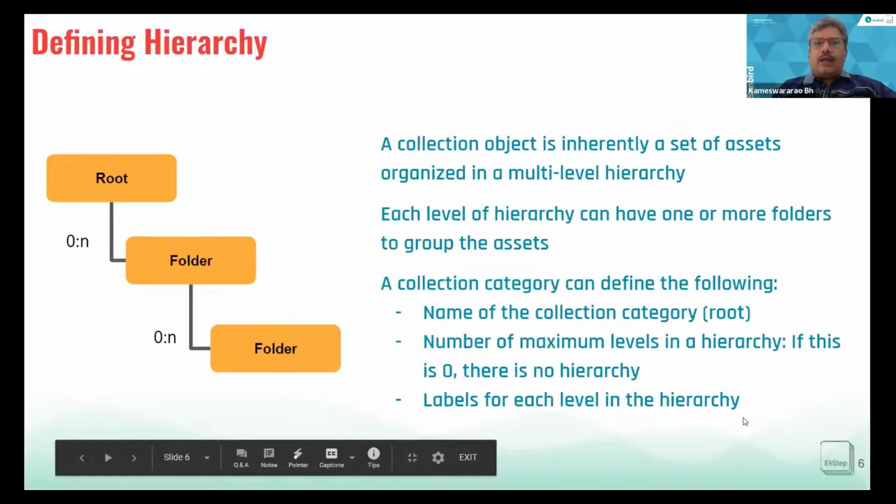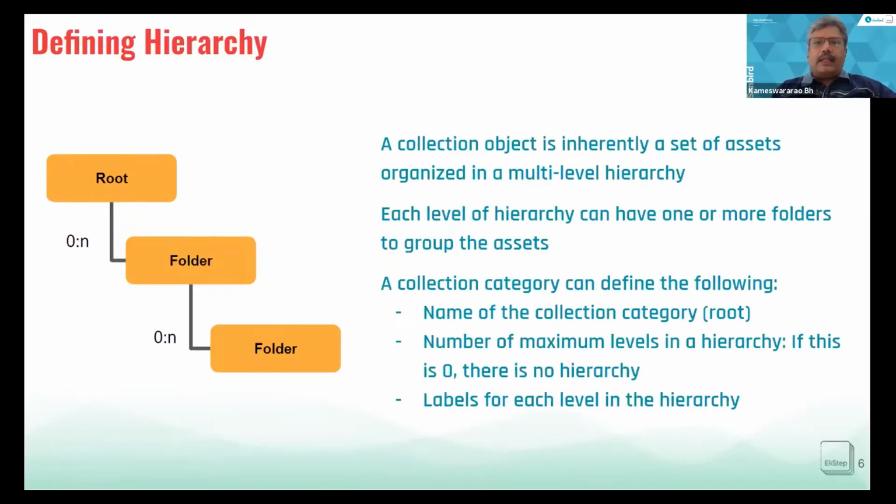So when we are talking about hierarchy of a collection, how do you define it? It is inherently organized as these multiple levels, and each level can have multiple folders, what we call folders or nodes within a hierarchy, where you can specify at each level, right? What is the name, what is the label that you want to call that? It depends on your solution, right?